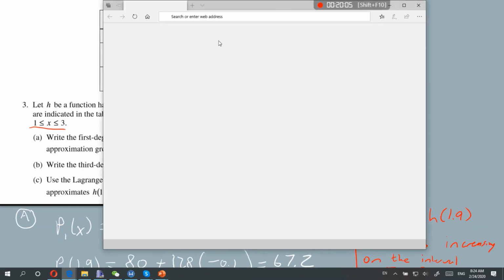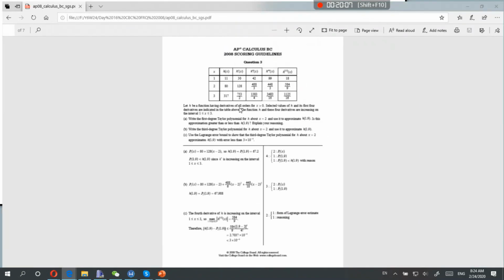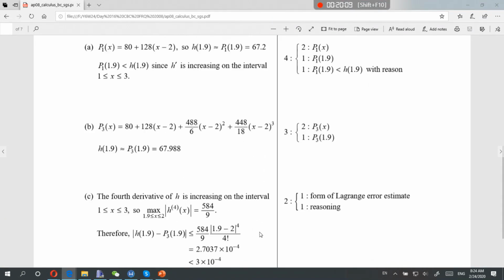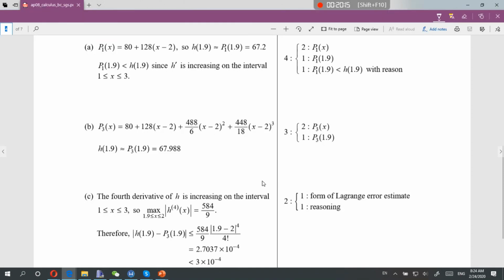Okay, scoring guides I'm pulling up now. I've got our first polynomial, so that's 2 points.